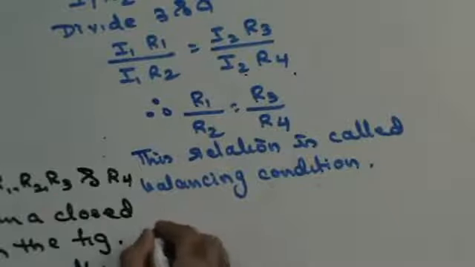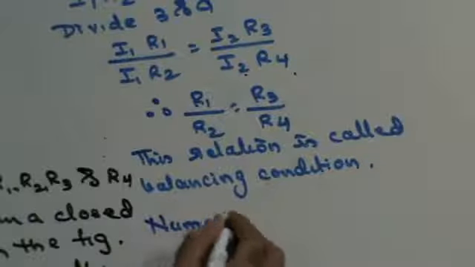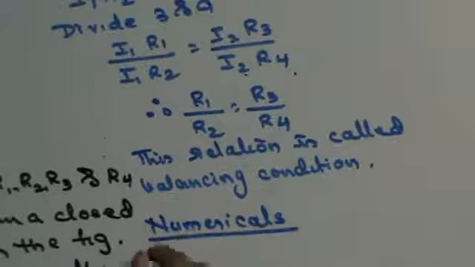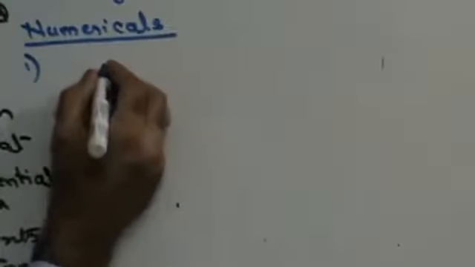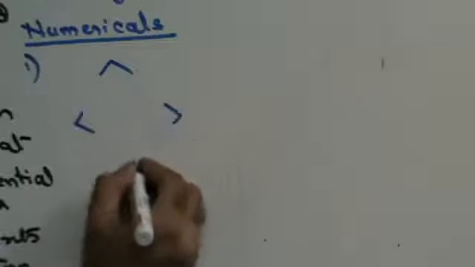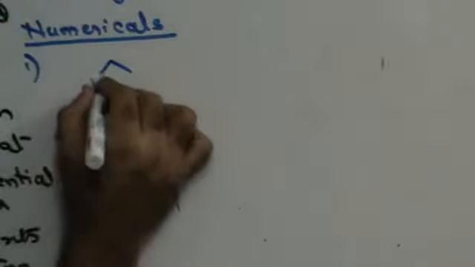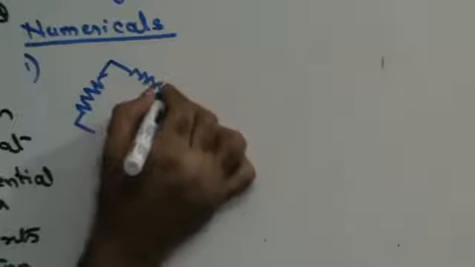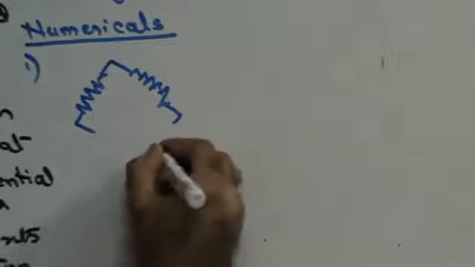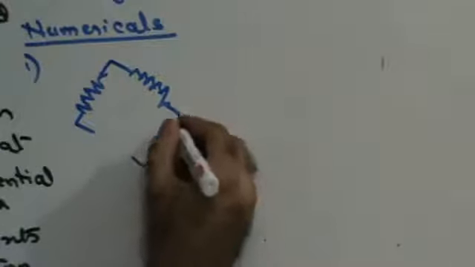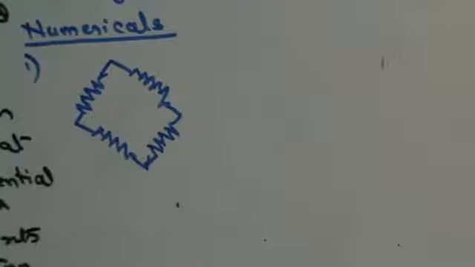Take down the numerical. Four resistors of 4 ohms, 4 ohms, 4 ohms and 12 ohms are connected in a Wheatstone network.